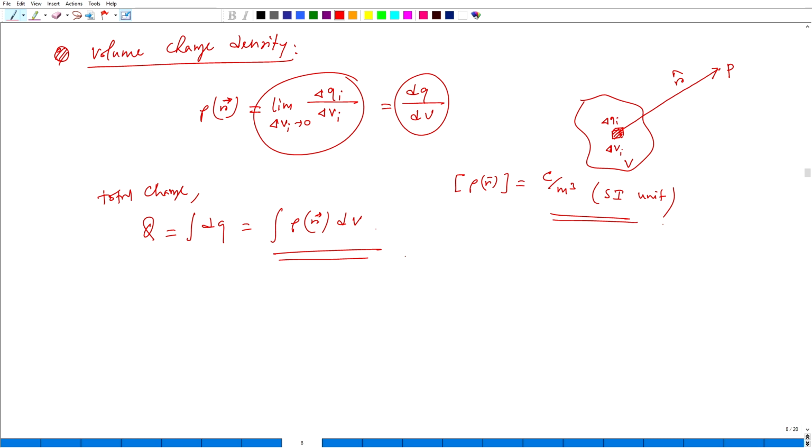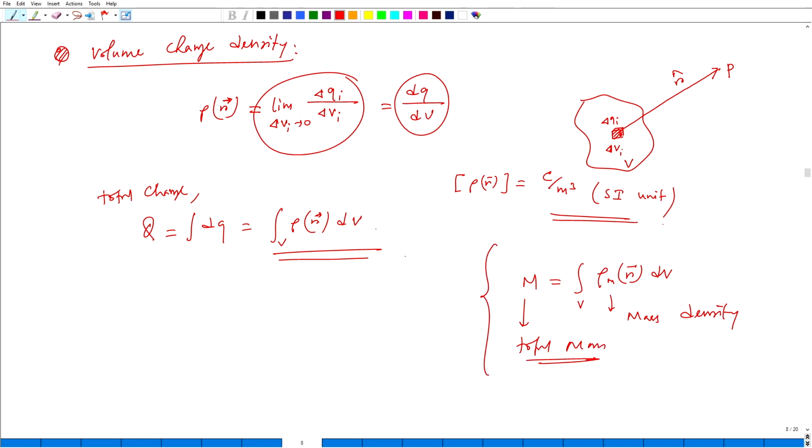Once you know the mass density and how to calculate the mass, it is the same way: m is the integral of rho m of r dV, integrated over the volume V. This is the mass density and this is the total mass. Similarly, the total charge q is the integral of rho of r dV.